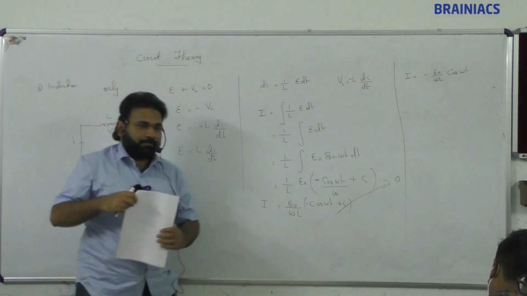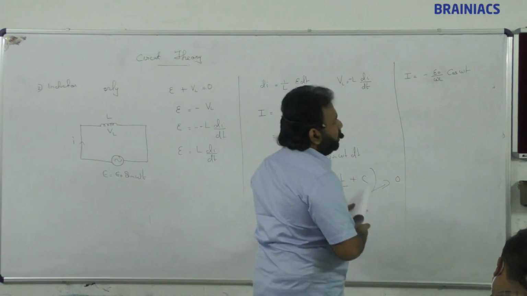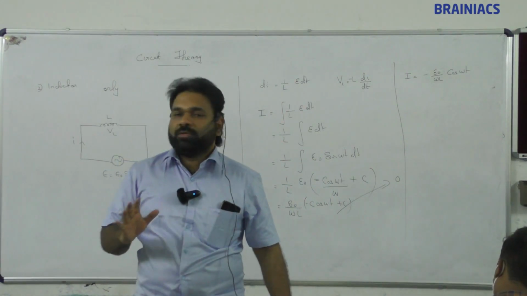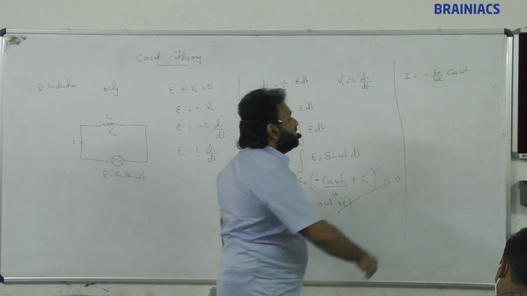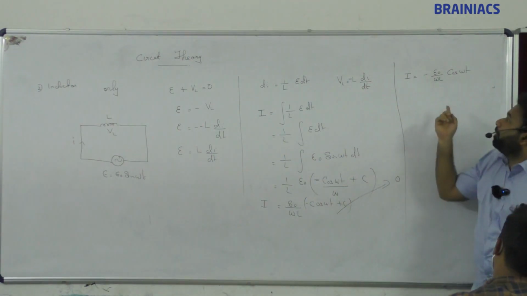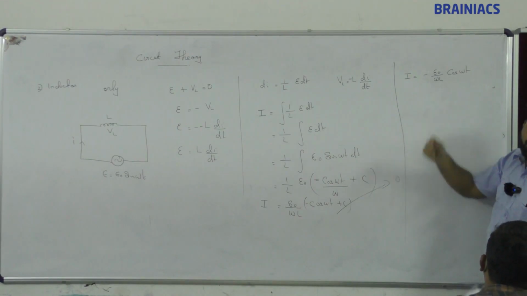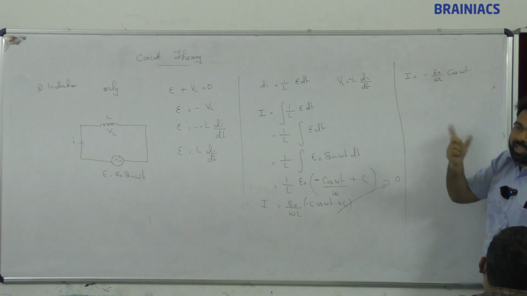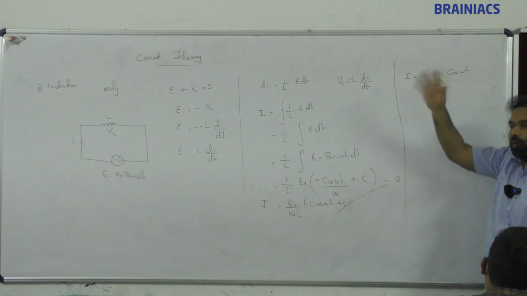So what will happen now? The source is E naught sin omega t. There is a negative here, and this is in the form of cos also. Now what we need to do is convert this into sine, and then we will be able to say whether the current is leading or lagging.